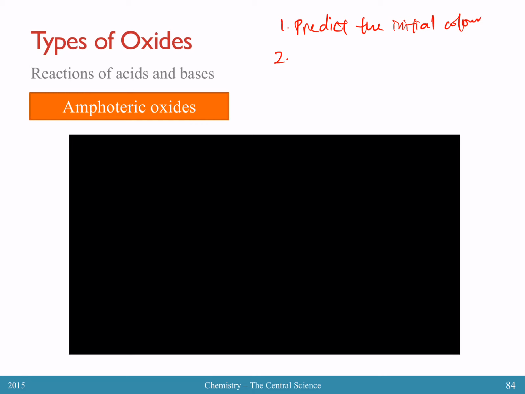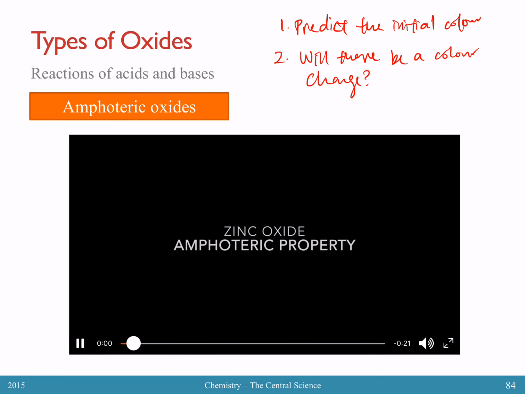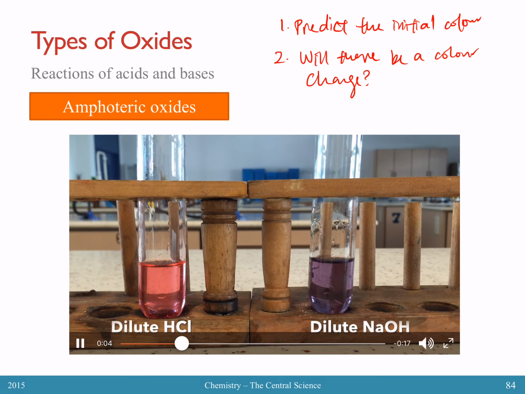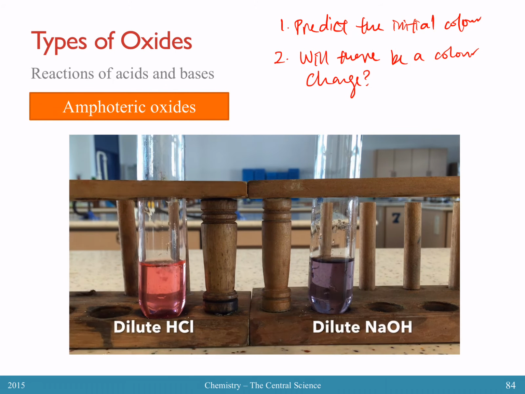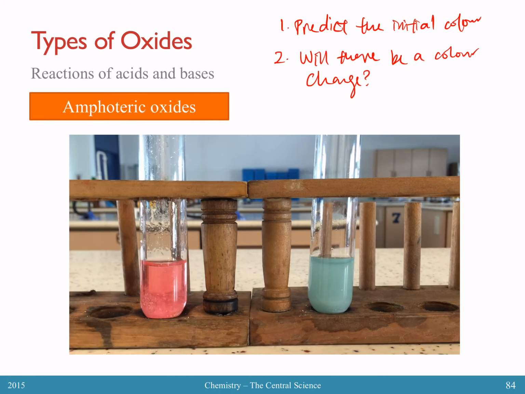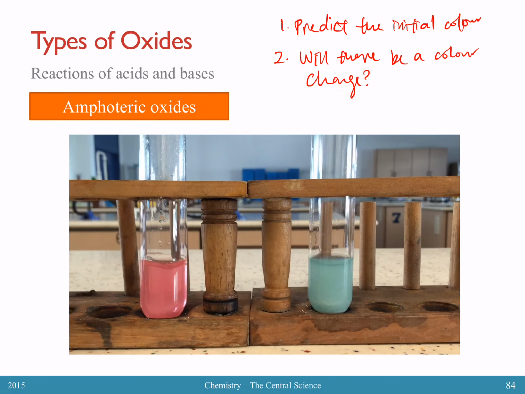Second, will there be a color change? Change to what color? Let's watch the video now. So one is HCl, one is NaOH. Now I'm adding zinc oxide to NaOH and zinc oxide to HCl. Observe.